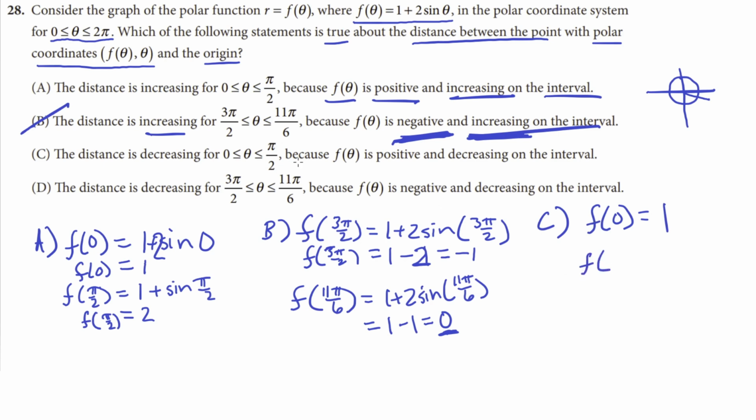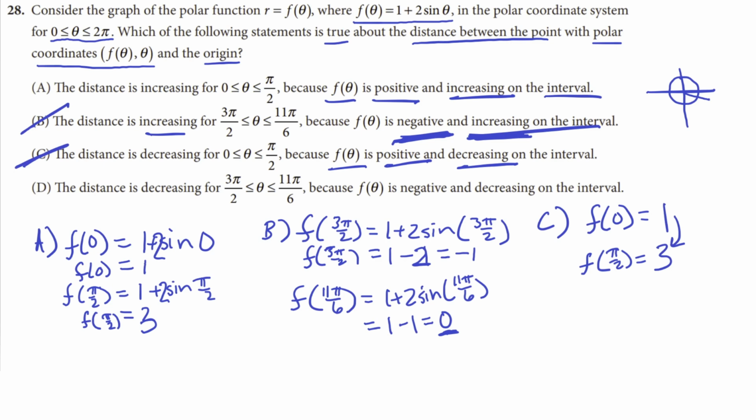We know from A that f of pi by 2 is equal to 2. Oh, sorry, we need a 2 out front. So sine of pi by 2 is equal to 1, and then times 2, so this should actually just be 3, but that doesn't change the answers. So this is positive and increasing. But C says that f is positive, which is true, and decreasing, but it actually increased on this interval. We can rule out C.